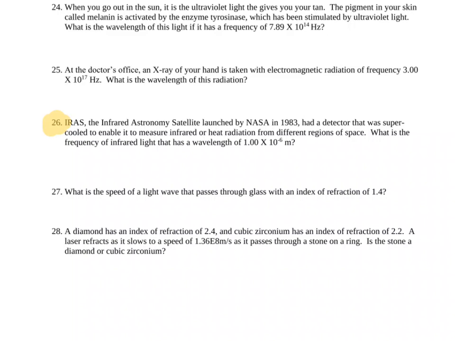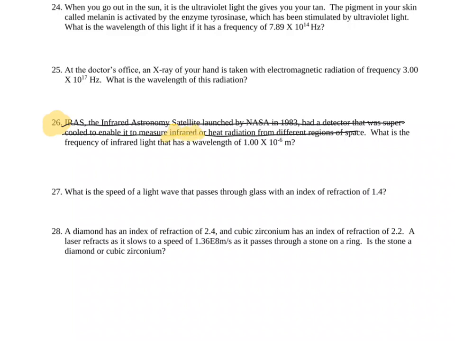Alright, so there's a lot of information here. However, a lot of this is extra information. None of this information tells me anything that I really need to know, other than the fact that it's talking about infrared light.